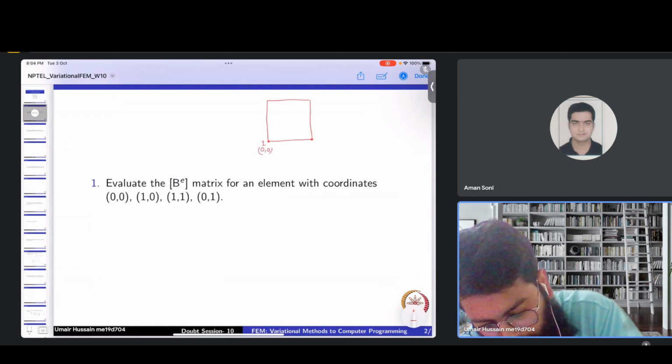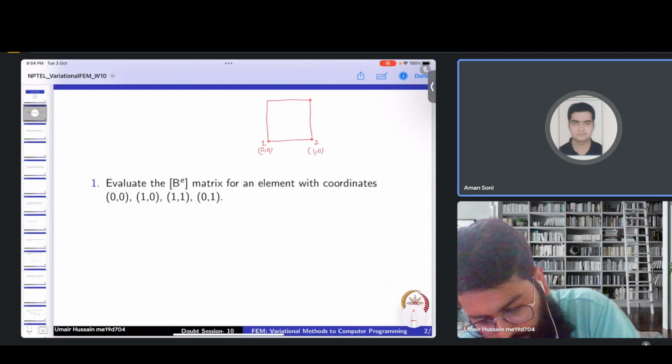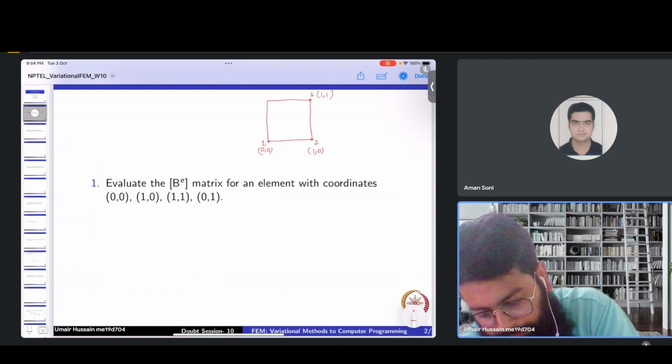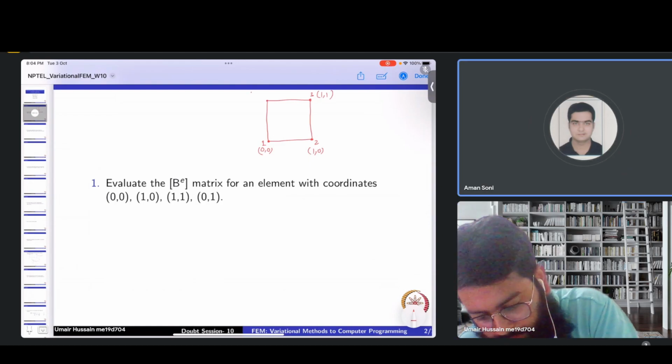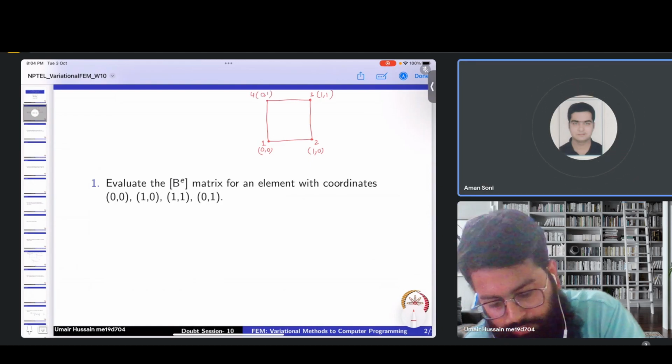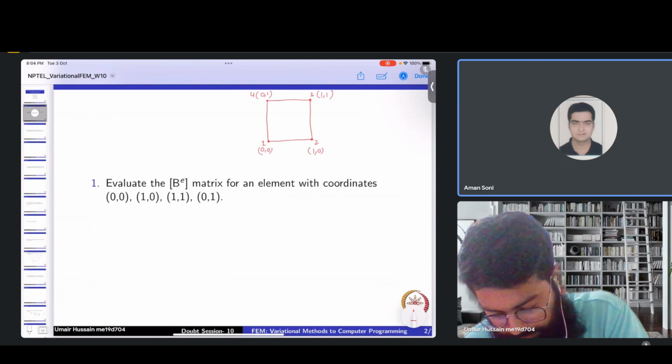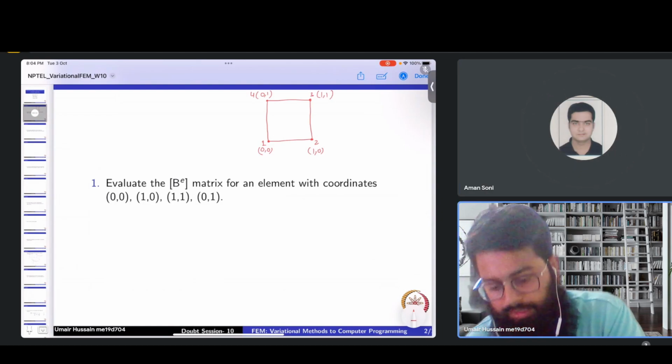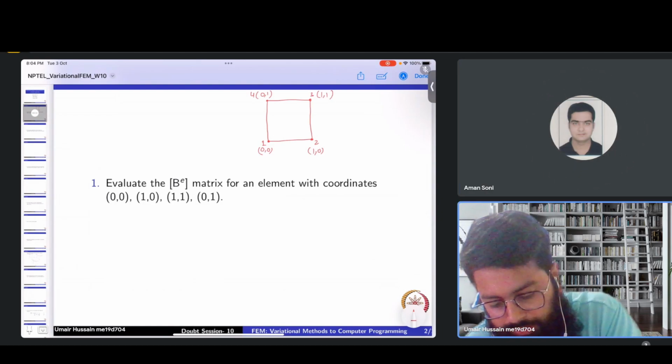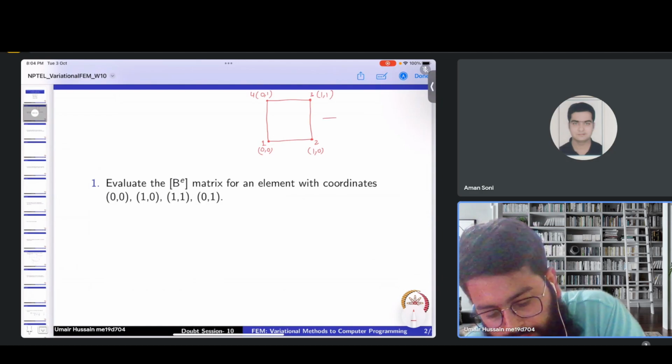Node 1, node 2, node 3, node 4. So either we can just have the shape function for this element, or we can go about transforming this into our natural coordinate system, the master element.